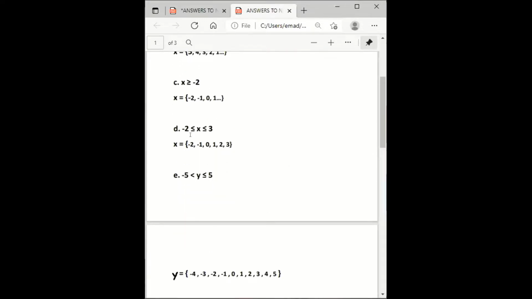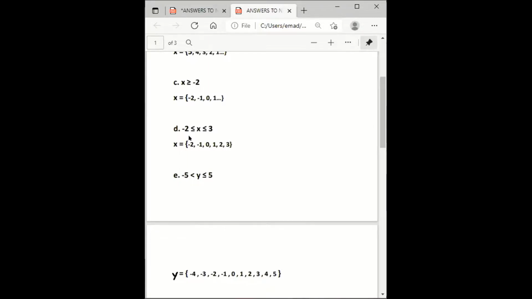So moving on to our next number, we have D, which is read as x is greater than or equal to -2 and less than or equal to 3. Our solution set here will comprise of, we'll have to begin with -2 and then end with this 3.